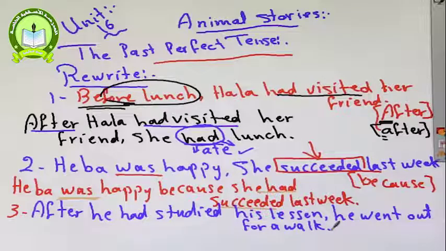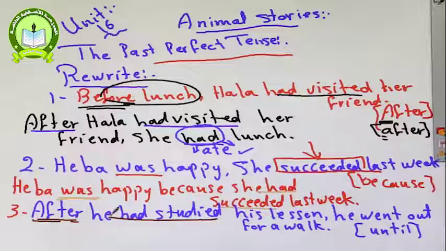And he asks me to use until in this sentence. After followed by past perfect, and the second one is past simple, and he asks me to use until. As we know, until is preceded by past simple, but in the negative form, and followed by past perfect. Let's do it.